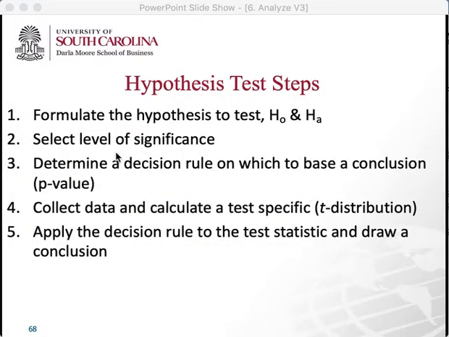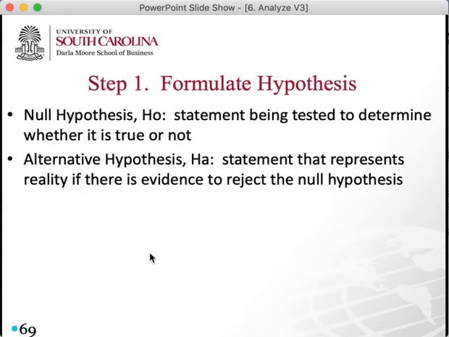Usually we use 95 percent confidence, which means a p-value of 0.05 or lower is considered significant. Then we collect data, test, apply our statistics and draw conclusions. So first, formulate the hypothesis.